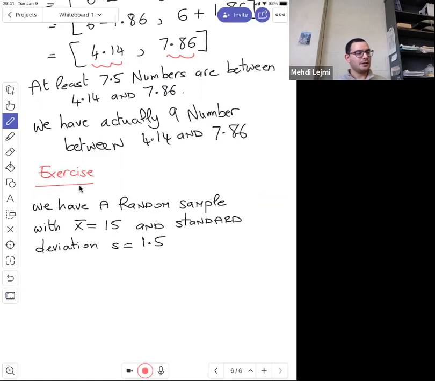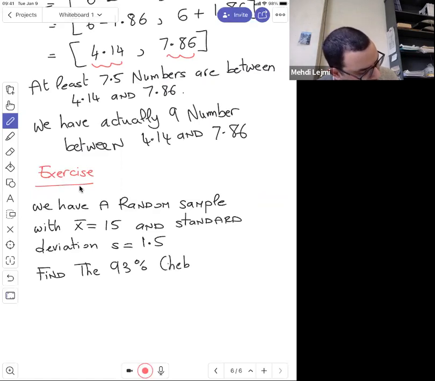So the question is, find, let's say, the 93% Chebyshev's interval in this problem.